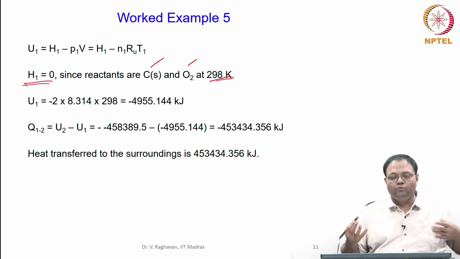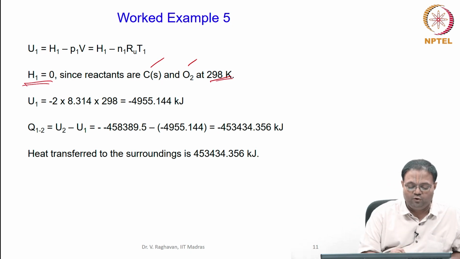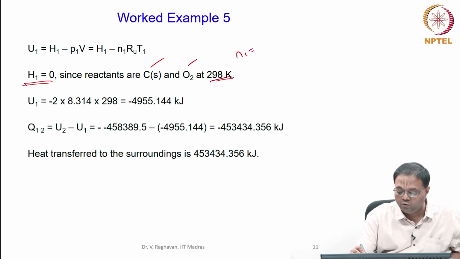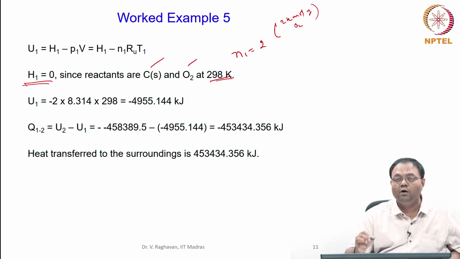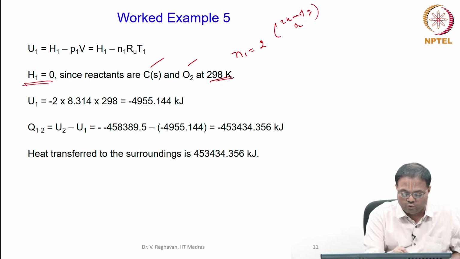So, the enthalpy is 0 for the reactants, but U is not 0; U is minus 2 into 8.314 into 298. Please see that N1 here equals 2, that is 2 kilomoles of O2. The solid will not contribute to the N.